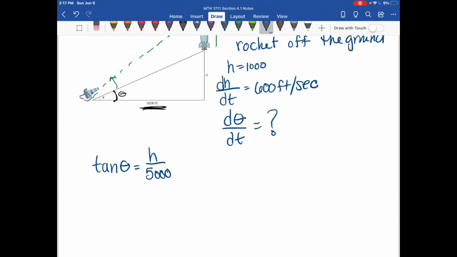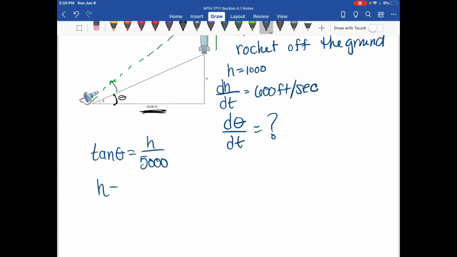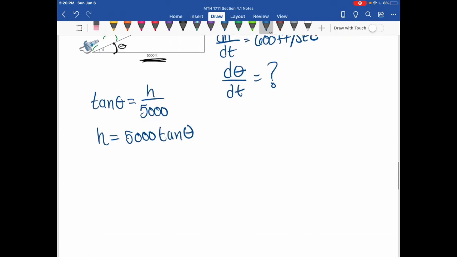So here's our equation that relates the angle and the change in height. 5,000 is our constant, so we can just put that in there. If I solve this for h, I get h is equal to 5,000 times tangent theta. This just makes it a little bit easier. We don't have to do that, but it makes it easier when we take the derivative.